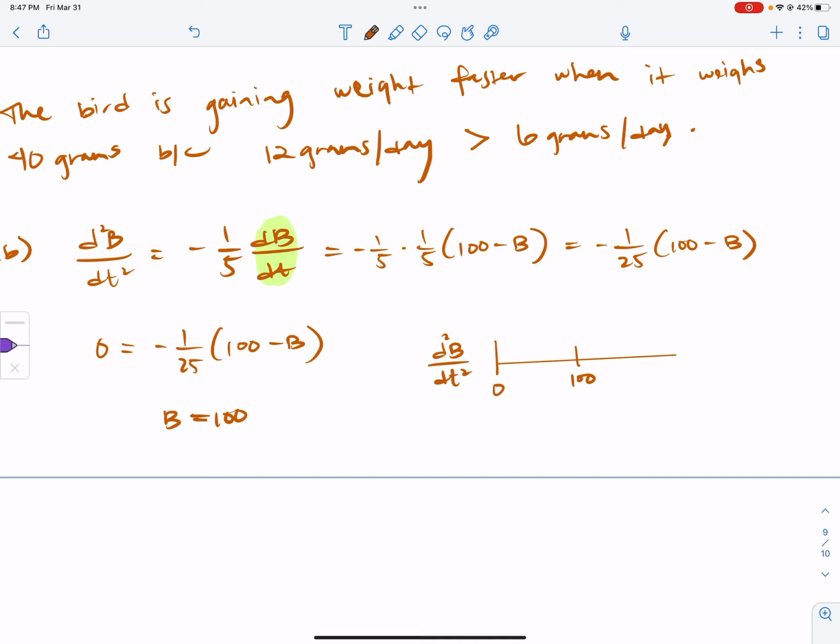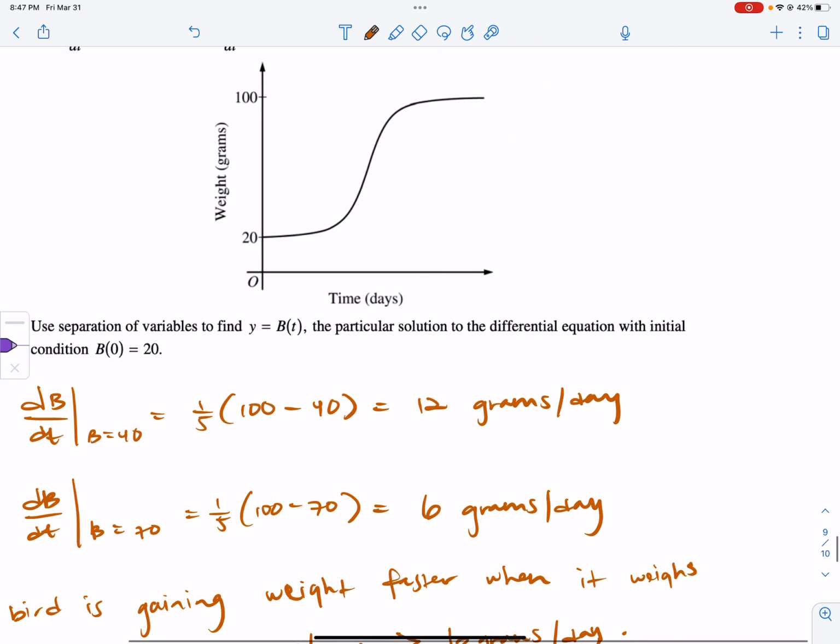Now, if we substitute in a value between 0 and 100, we'd get a negative value, because that would be negative 1 over 25 times a positive value, which is negative. So on that interval, the graph should be concave down, looks like a frown. Is that the case?